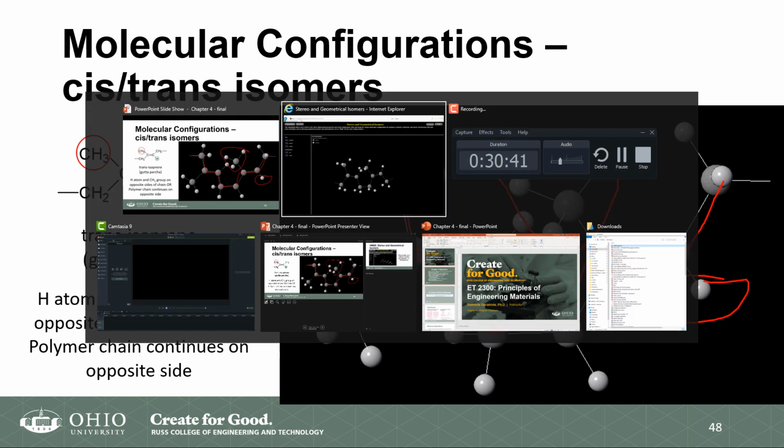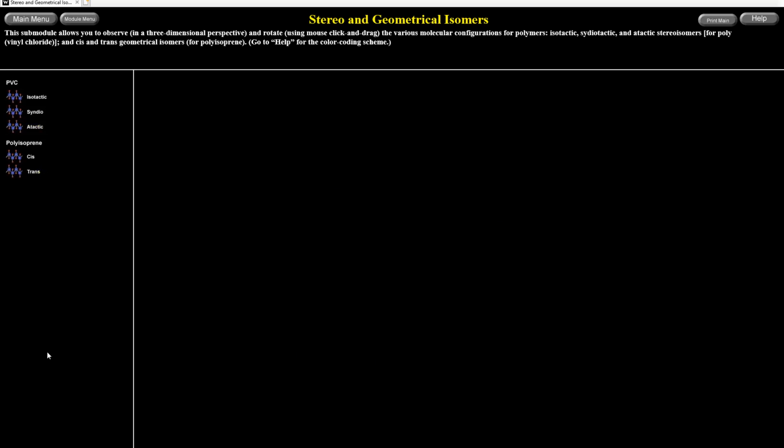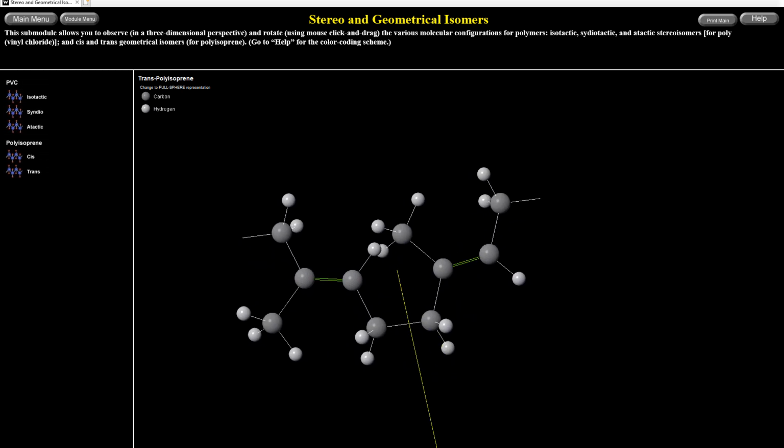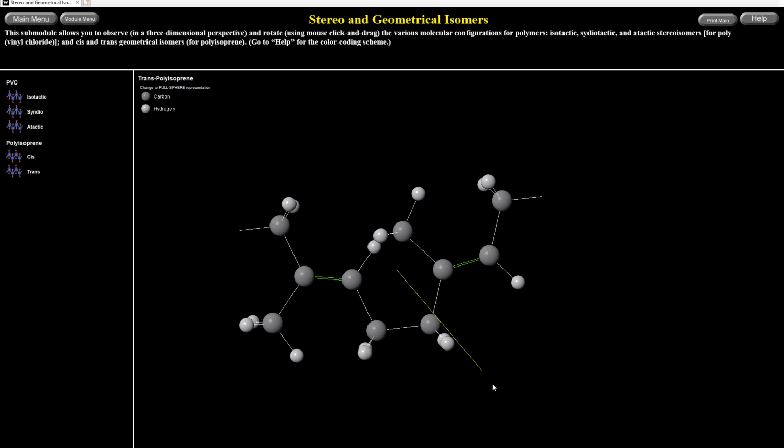So let's go back and look at what the trans isomer looks like, and again you can see what happens there. The groups that hang off in this case, the CH3 and the H, are on opposing sides, up and down, above and below. This is the way you can think about it in terms of sides. So again, down here, my double bond is written here. This is below the double bond. This is above the double bond. So that makes it a trans isomer.